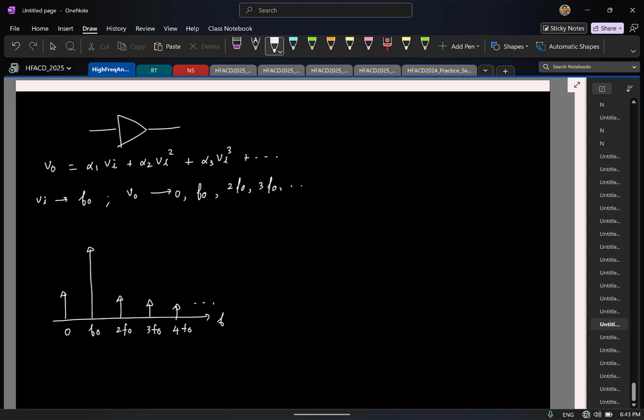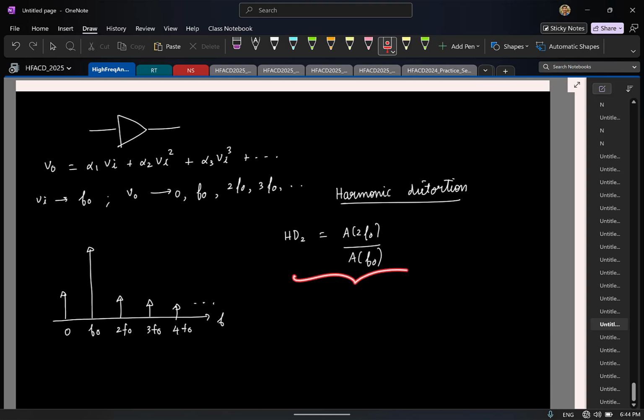So one probably common metric is what is called harmonic distortion. And in particular, if I call it harmonic distortion 2, HD2, this just says what is the strength of my second harmonic relative to my fundamental. That's all. So typically this will be a very small number in practice.